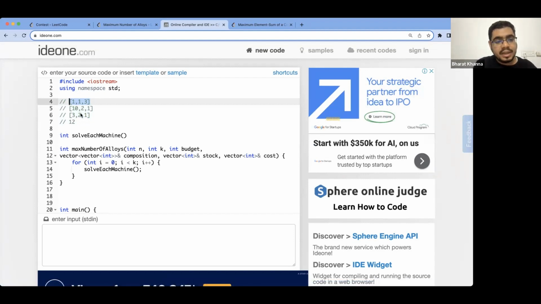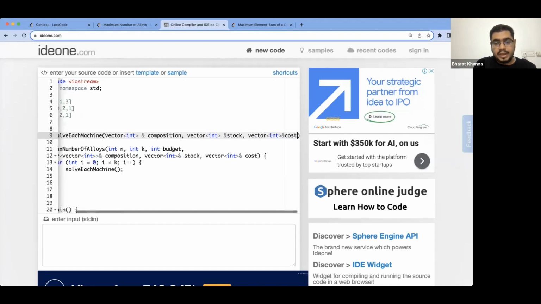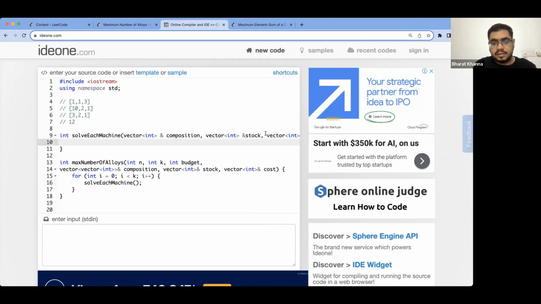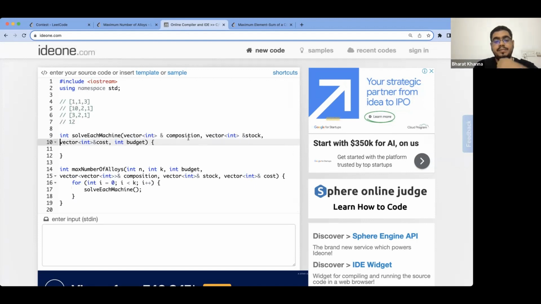So basically I need three vectors. What are those three vectors? My composition for my current machine, stock, cost for buying extra, and my budget. Does this make sense? ये चार parameters क्या हैं?